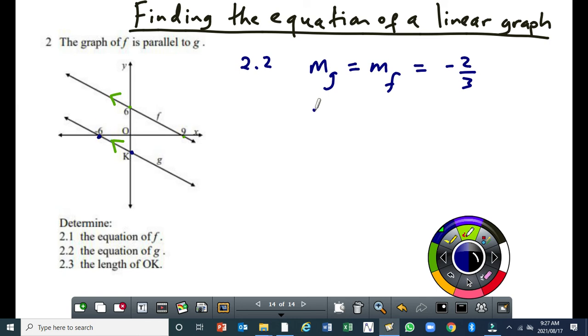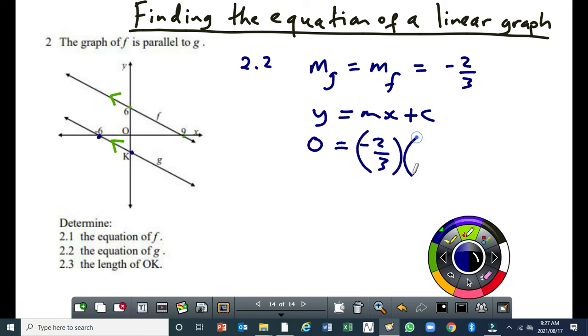So I'll write my general equation, y equal to mx plus c. Since I'm substituting this point as the x-intercept, y will be 0, my m is negative 2 over 3, and my x is negative 6. Then I can calculate c. If you simplify that, you get 0 equal to positive 4 plus c.